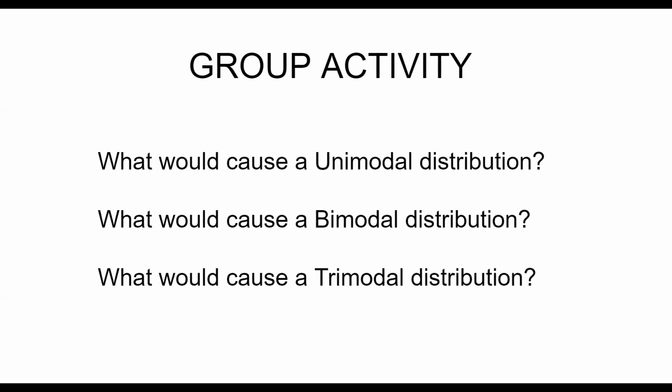What would cause these three types of distributions? First, I would like to talk about unimodal distributions. It has one peak, or as we can say, there is an increase in our graph.